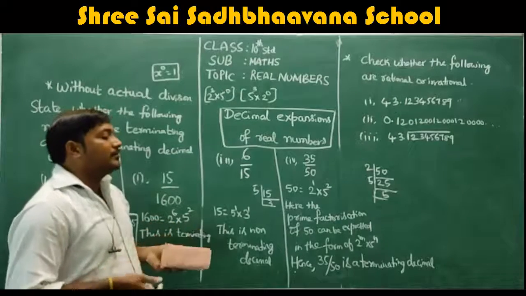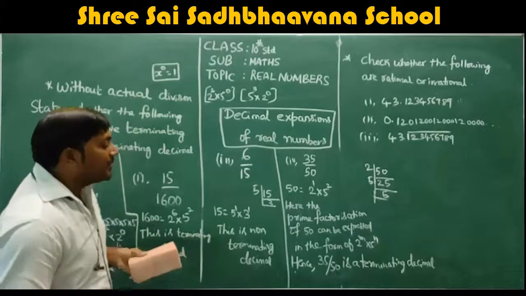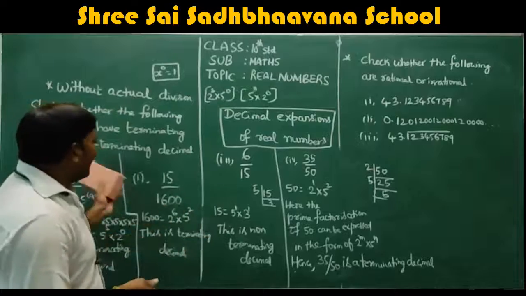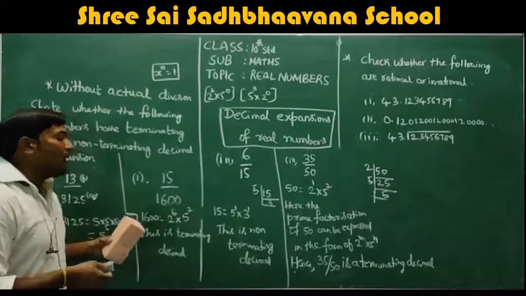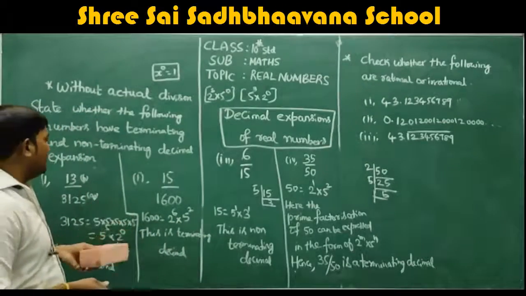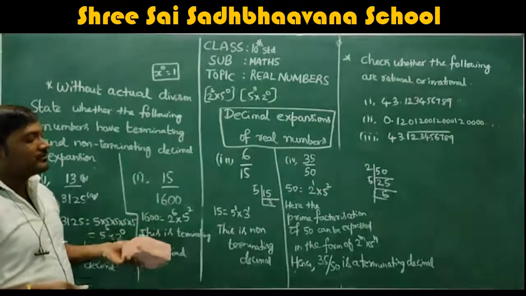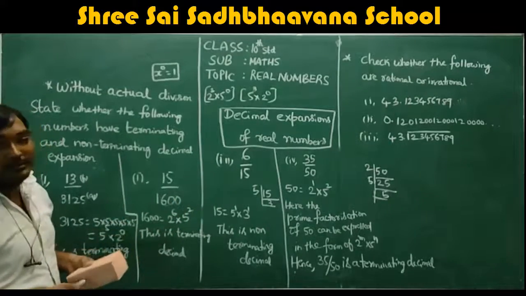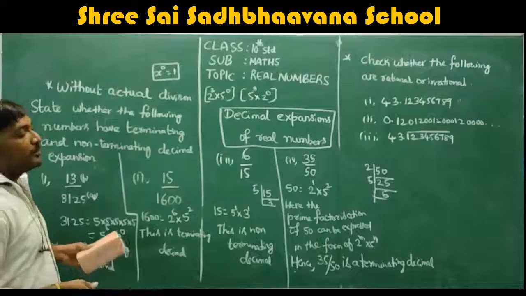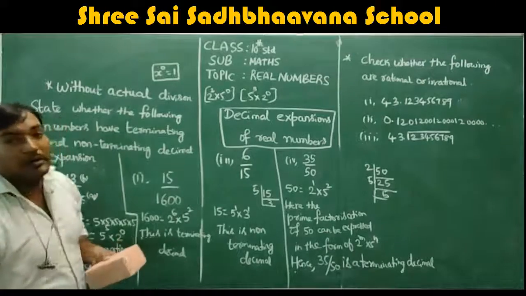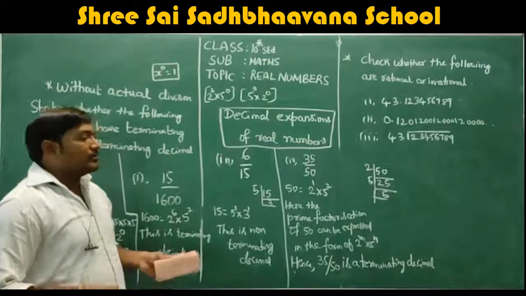So, hence 35 by 50 is a terminating decimal. In these 4 sums, we got 1 as a non-terminating decimal because that 1 is 5 into 3, because you are getting one more prime factor 3 apart from 2 and 5. So it is a non-terminating decimal.